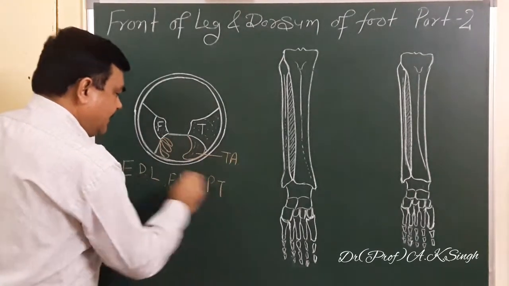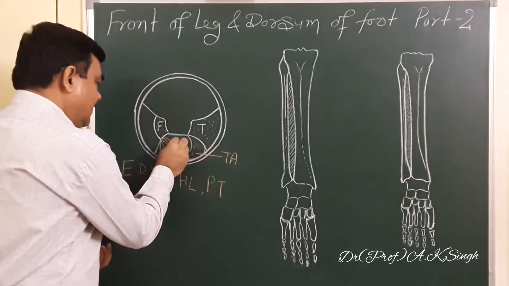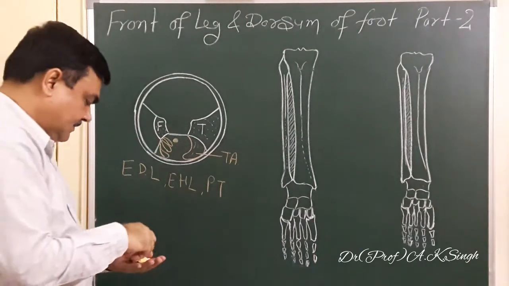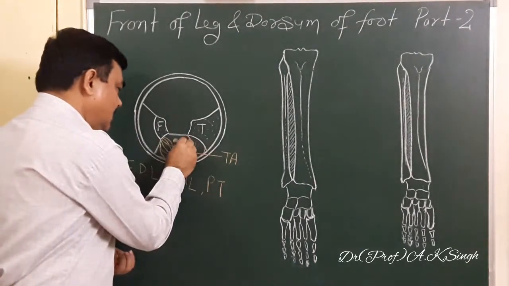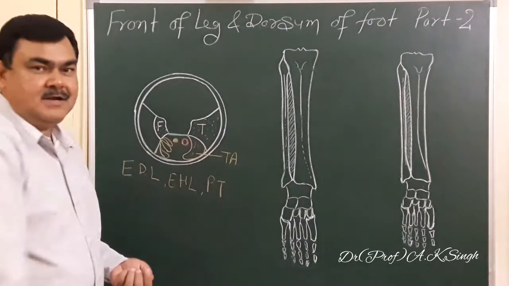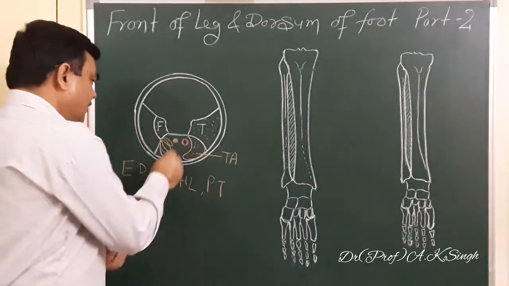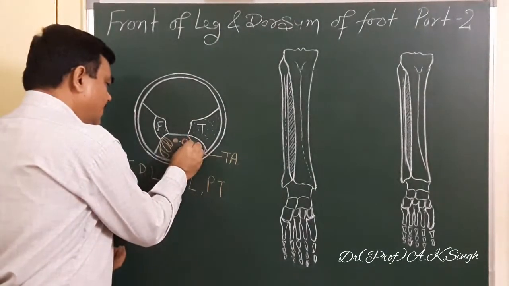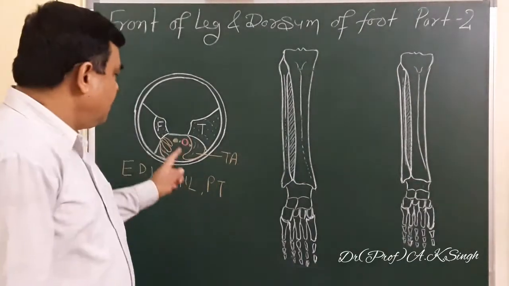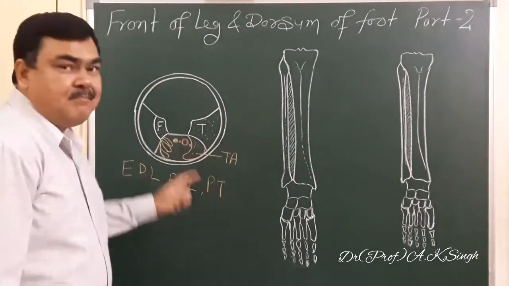Here is the deep peroneal nerve, and here is the anterior tibial artery, accompanied by 2 venae comitantes. So these structures are present in this anterior compartment of the leg.